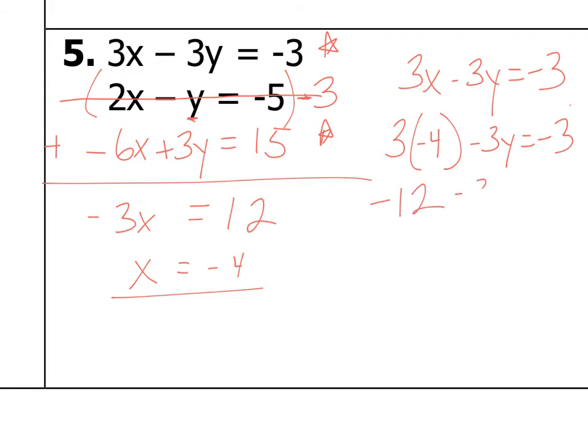So I get -12 here. We're going to move that to the right-hand side by adding 12. Adding 12 to -3 should turn this into 9. Dividing by -3. Okay. So -4, -3.